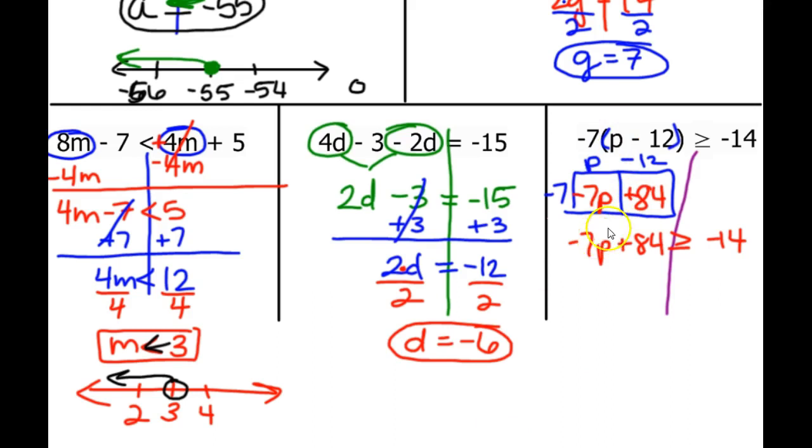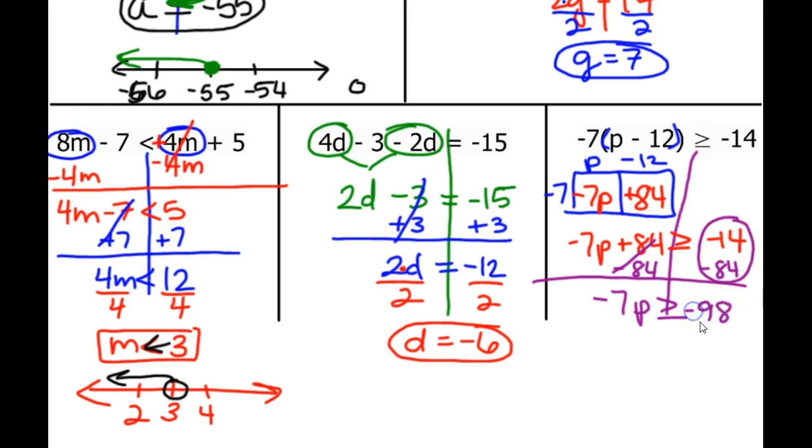And then I need to get the letter all by itself, so I'm going to subtract 84 first. So those eliminate, and I have negative 7p is greater than or equal to. Now these are all negative, so same sign, add them up. So it gives me a negative 98. And then last, the opposite of multiplying by negative 7 is dividing by negative 7.